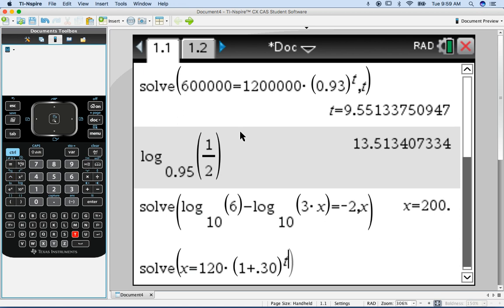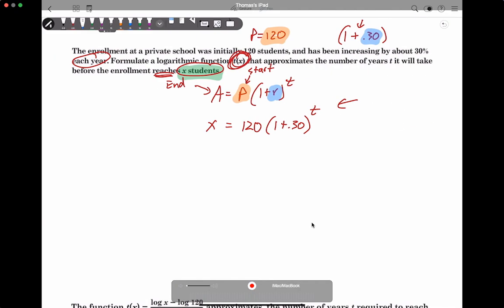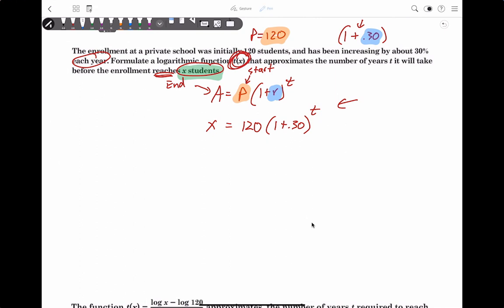Raised to the power of t, and we're telling the calculator solve for t. And we get this ugly answer. So this is why I don't want you getting used to the calculator, because it doesn't necessarily make sense per se in a lot of regards. Okay, this is not the answer that we're looking for. We're looking for you to do by hand, without a calculator, the algebraic manipulations that will get t all by itself. All right, so let's simplify some stuff.